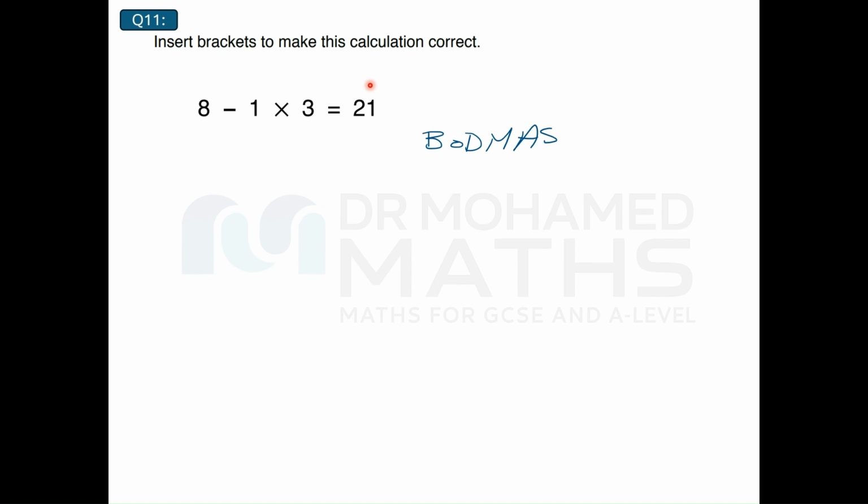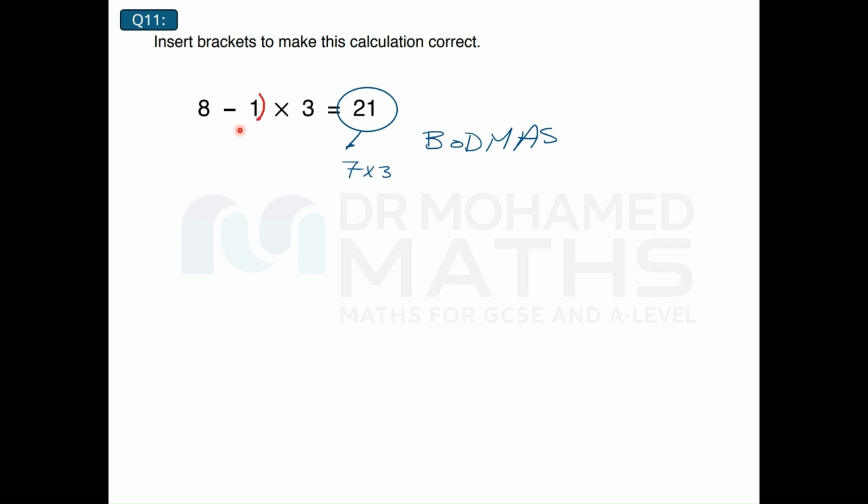And in order to get the answer 21, we need to apply BODMAS here. But what is 21? 21 is 7 times 3, isn't it? So we can adjust the calculation here according to BIDMAS to become 7 times 3, yes. If you can see here, there is 8 minus 1.